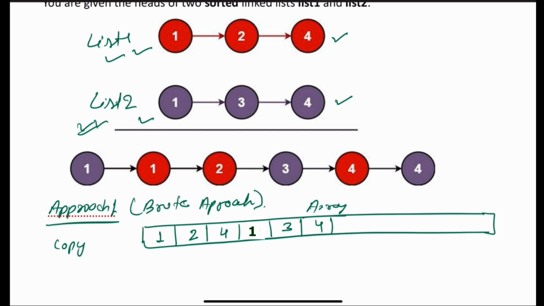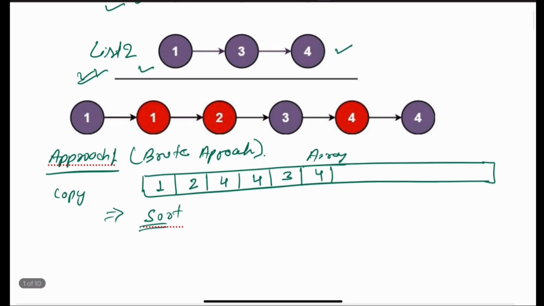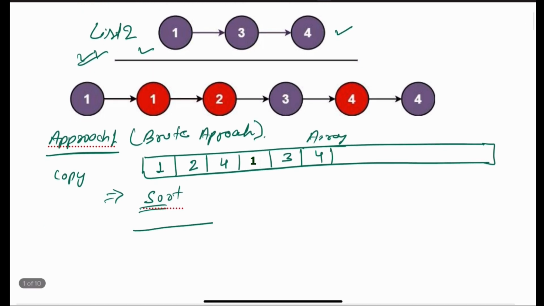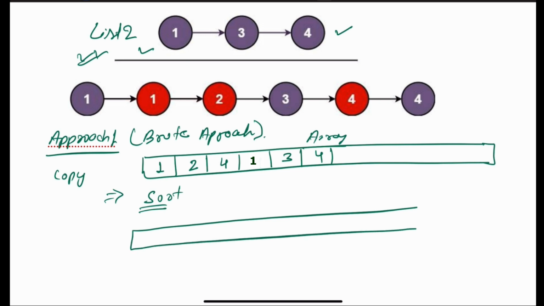And after that, what we can do is sort this array using any sorting algorithm or Collections.sort. And after sorting this array, what is the sorted array we are going to get? It will be 1, 1, 2, 3, 4, and 4, right?